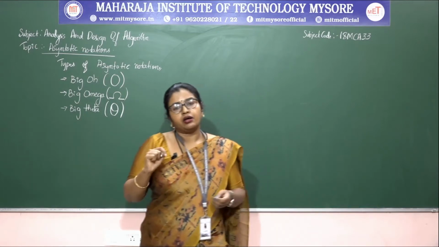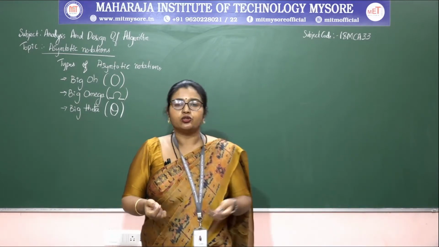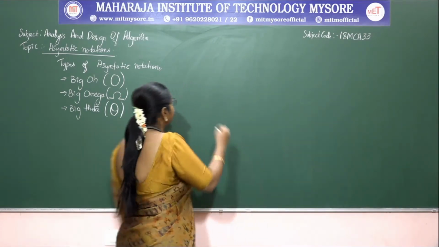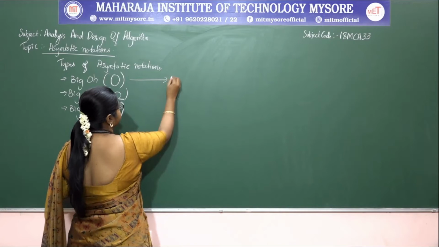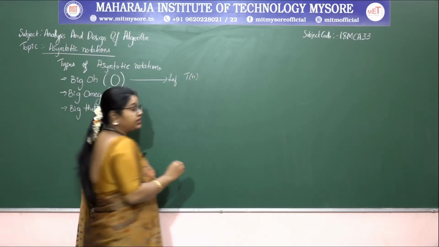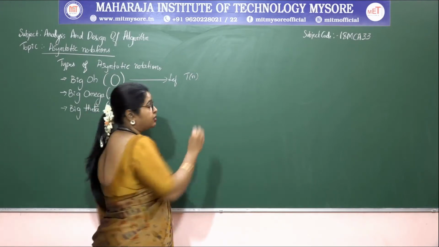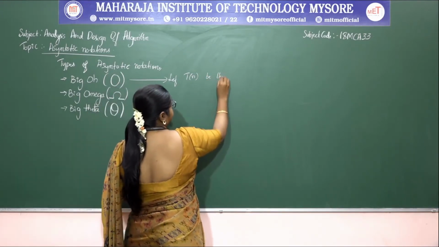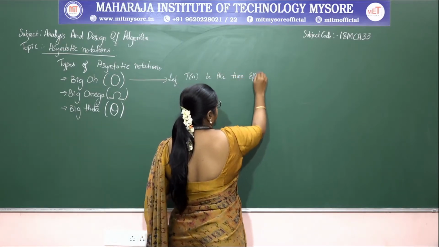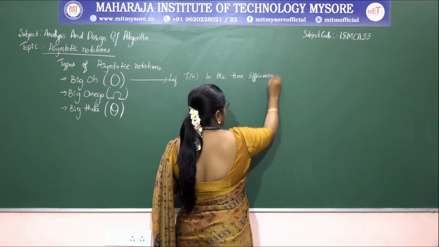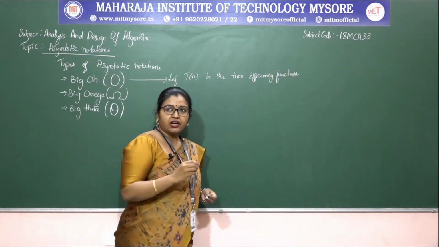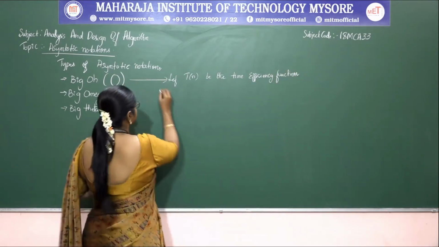If you consider this, definitely it is mathematics, so everything starts with an assumption. So let us consider, in order to define this, let T of n be the time efficiency function of an algorithm.